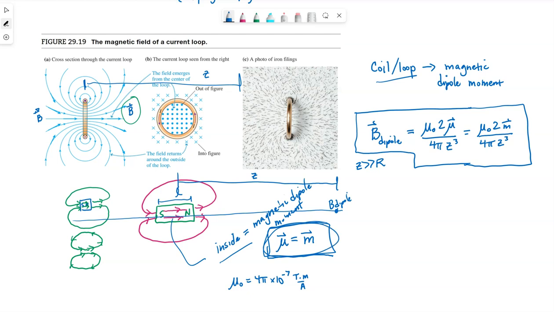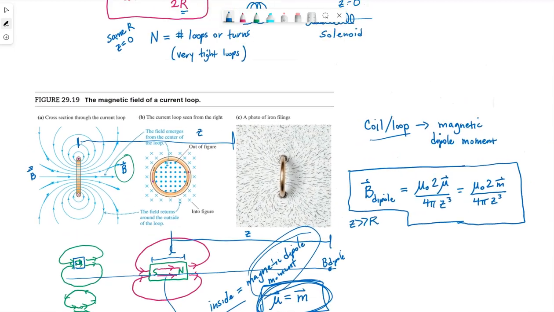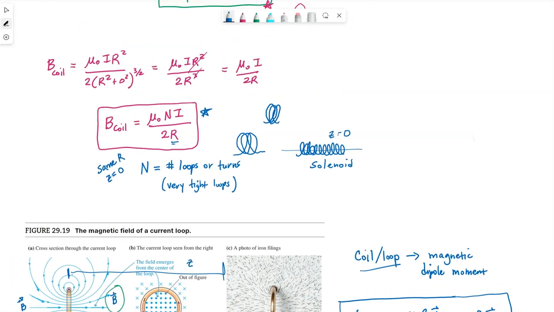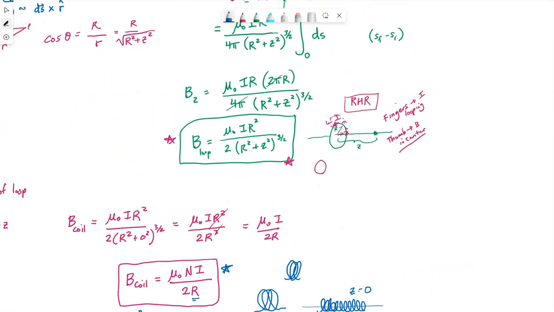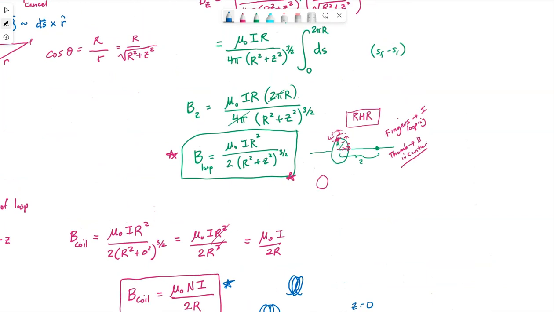So mu or m is the magnetic dipole moment. If we compare this equation, I'm going to scroll just a little bit to what we were deriving up here for our coil.